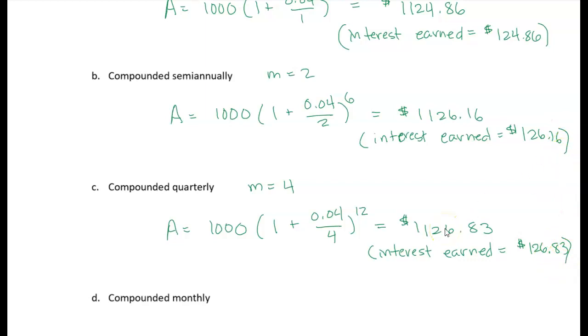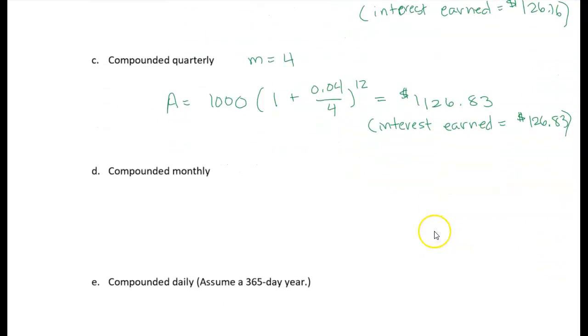Let's see what happens if we compound monthly. Are we going to make more? You would expect so. In this case, m is equal to 12, since there are 12 months in a year. So let's use our formula: 1 plus the interest rate, 0.04, now divided by 12.